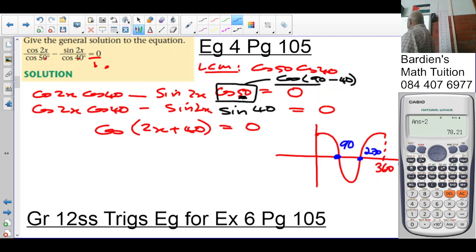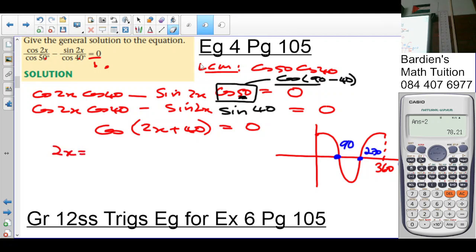So you can write this as 2x plus 40 equals 90 degrees plus k times 360, or 2x plus 40 is equal to 270 degrees plus k times 360.